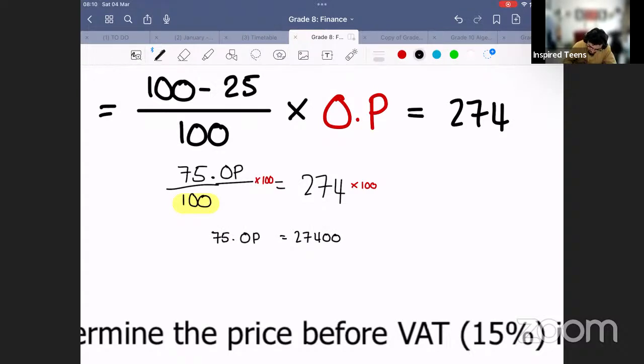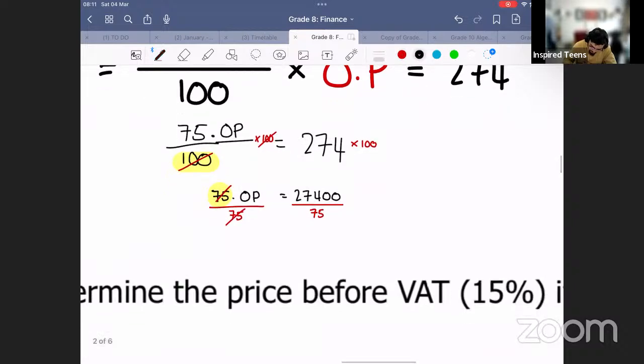Now OP, what's attached to it? It's my 75. How do I get rid of the 75? The 75 is in multiplication with the OP, so I can divide both sides by 75. Let's remember this multiplication cancels that division. This on top cancels that at the bottom.